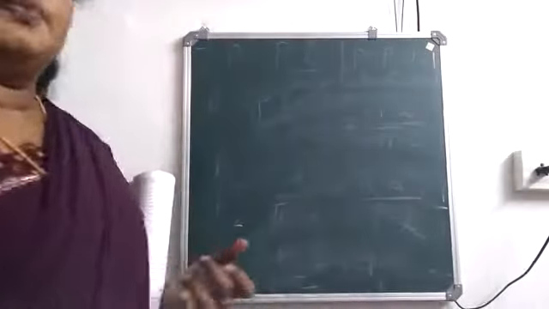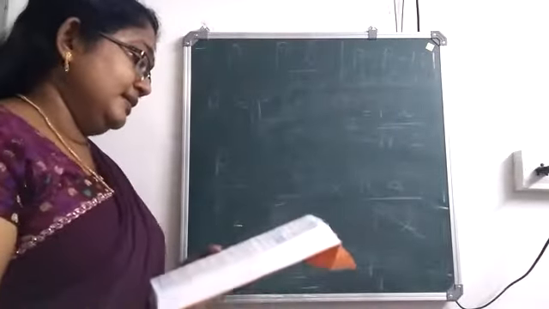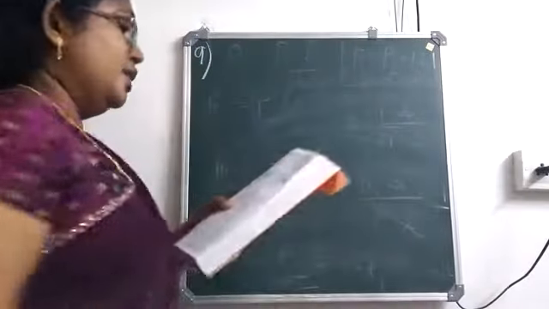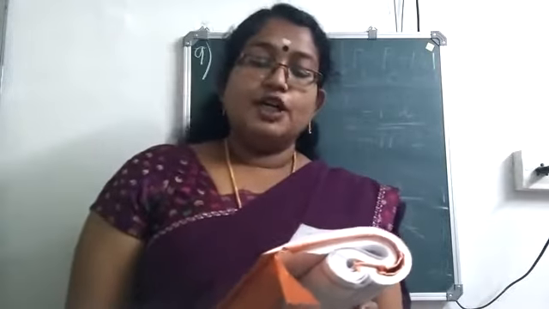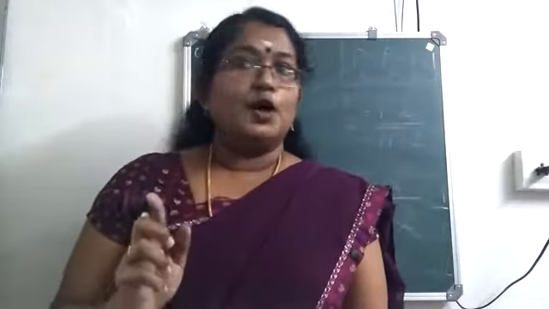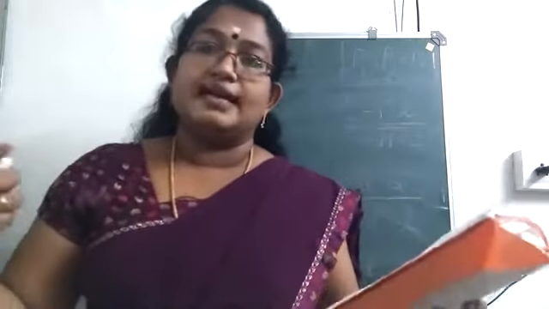Okay. Next we have question number 9. A given wire of resistance 1 ohm is stretched to double its length. What will be its new resistance? So, in the last video I told you what changes take place when a wire is stretched.